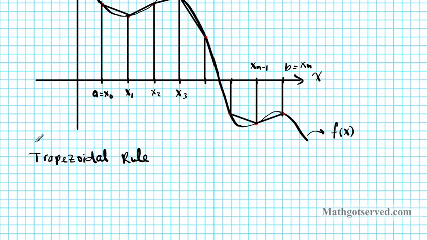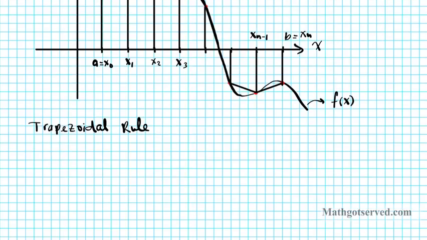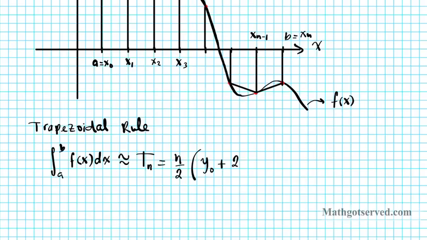If you wanted to estimate the area under the curve, which is the integral from a to b of f of x dx, it's approximately T sub n, the trapezoidal rule using n subintervals of equal length, which equals h over 2 times y sub 0 plus 2y sub 1 plus 2y sub 2 plus dot dot dot plus 2y sub n minus 1 plus y sub n.